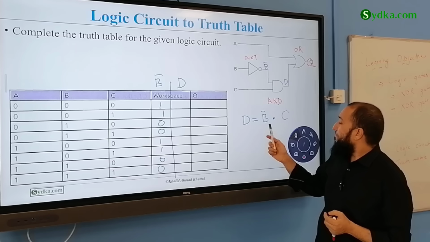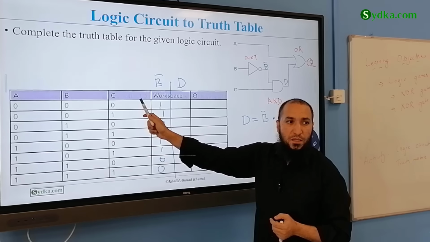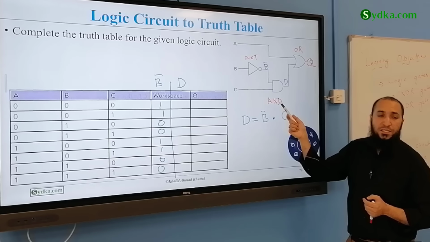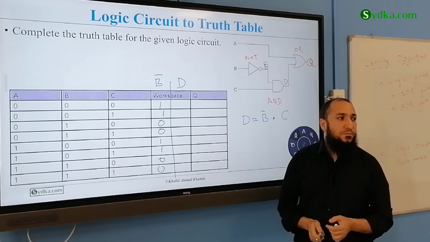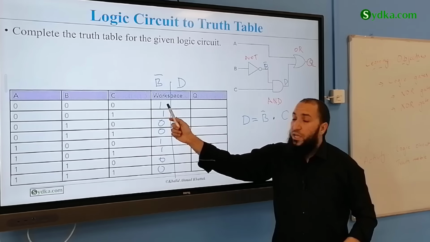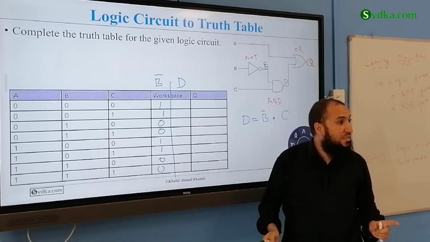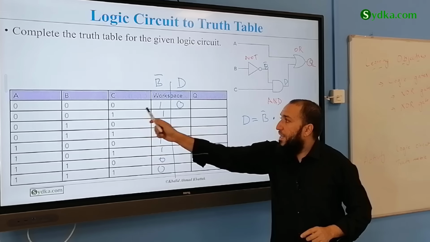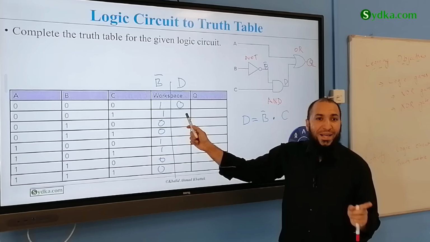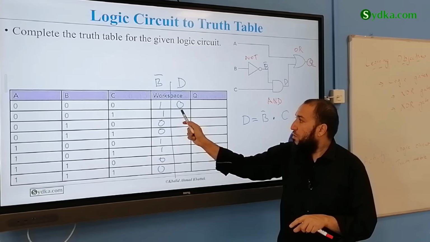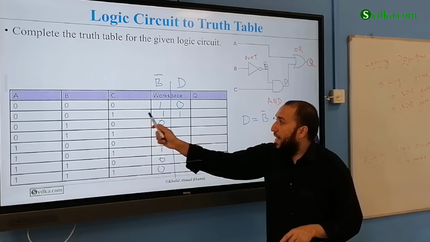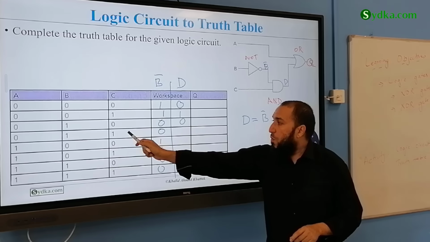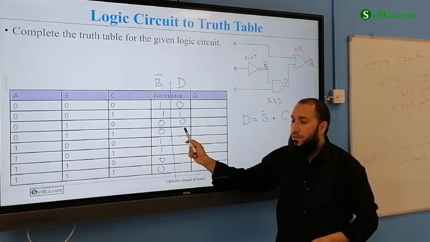How do we do that? Let's see. So you have this one, this one. We're going to do the calculation. 0, 1 gives us, remember it's an AND gate, 0. 1 and 1 gives us 1. 0 and 0 gives us 0. 1 and 0 gives us 0, because it's an AND gate.